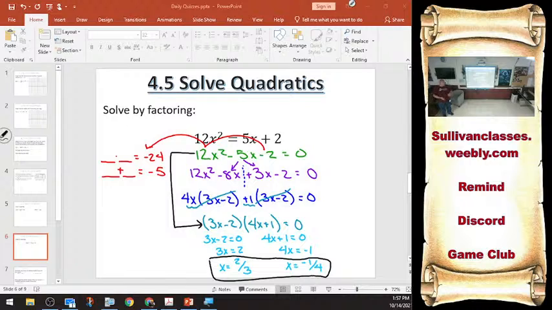Some of us might be okay with just putting a 2 and a 1 and then guessing and checking factors of 12 and some signs in our head. If you can do that, and believe me, I know which ones can and can't. I can eyeball a couple of kids in here and be like, yeah, I could see them doing it. I could see a couple of kids where if they just went from there to there on paper, I know they're full of it. Okay?